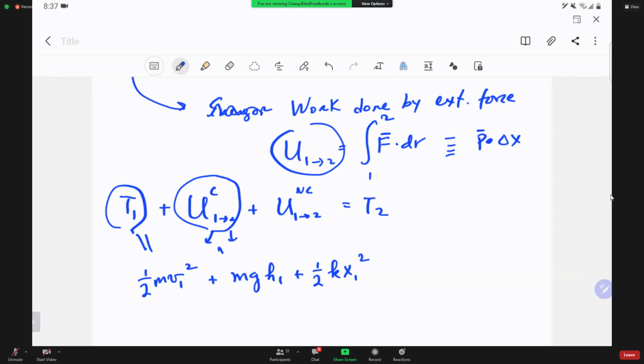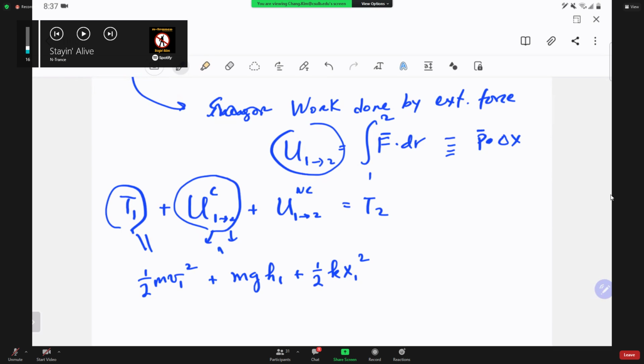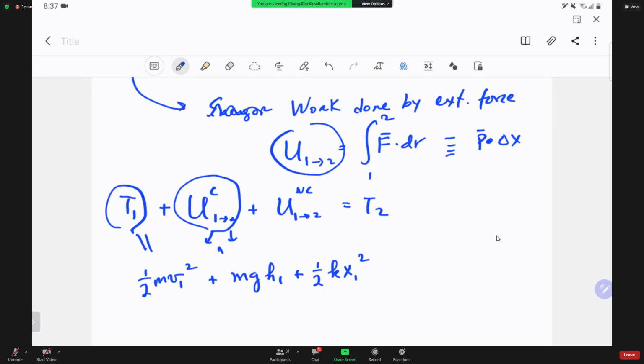Well, it's a little bit difficult to say. We don't talk about absolute terms, but relative terms. I split what's going on at position 1 and what's going on at position 2.